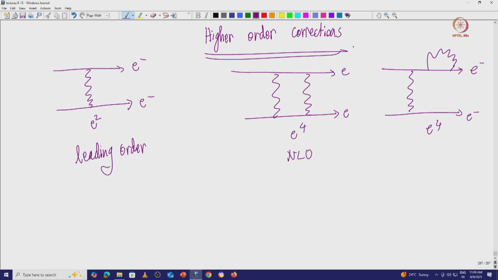There could be other diagrams in which an electron positron pair is exchanged inside. This is also e power 4, because remember we are always doing perturbation order by order. Now this blob you can put it here, or here.